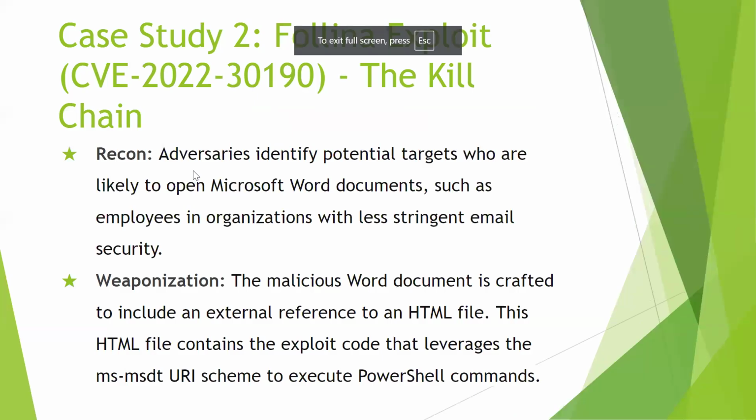Then for the Follina exploit, this was the vulnerability dubbed CVE-2022-30190. For the kill chain, the adversary is going to identify some potential targets who are likely to open Microsoft Word documents.